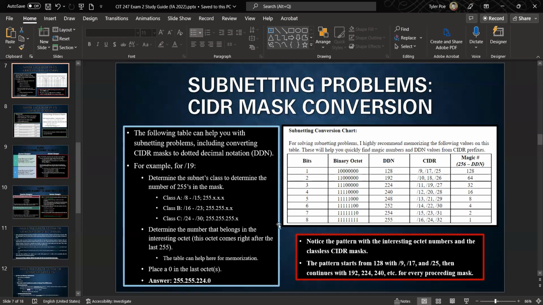Therefore, it is a class C mask. So starting from 24, we go up to /25 and write down the first magic number: 128. The next one, /26, is going to be 64. Finally, /27, what we're solving for, the magic number is 32.